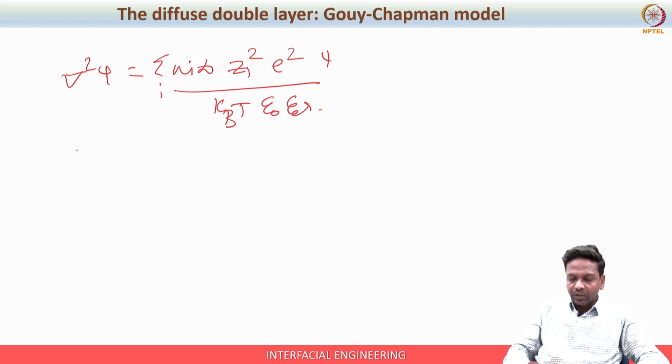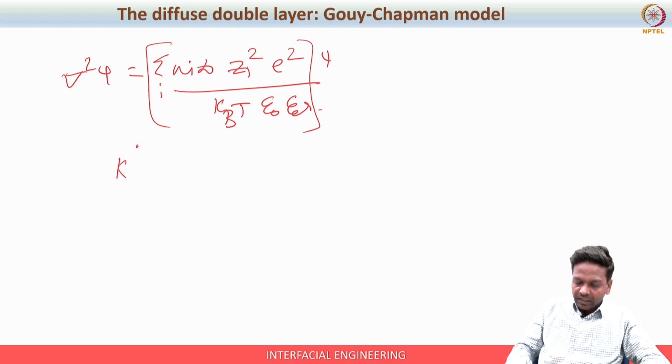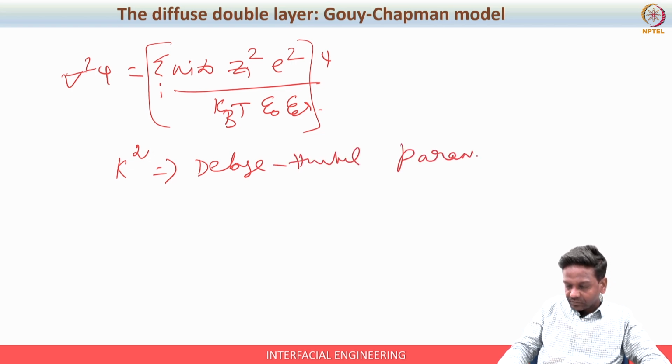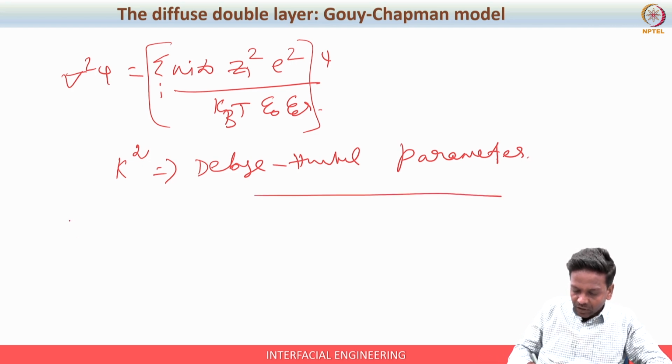Now, you can call all this constant term k square, which is nothing but the Debye-Hückel parameter. So, if you incorporate this, we have del square psi equal to k square psi. Now, you have to just expand this equation.